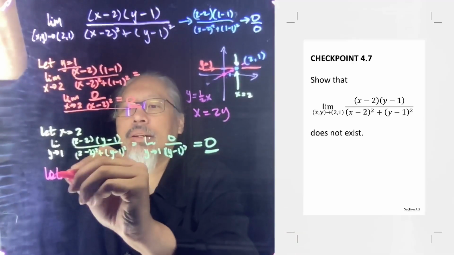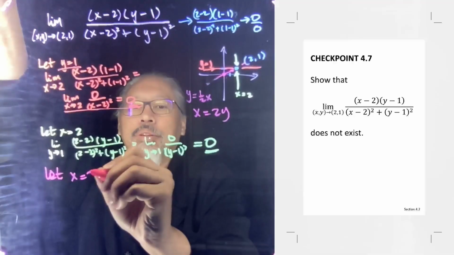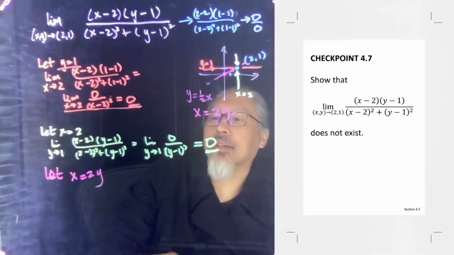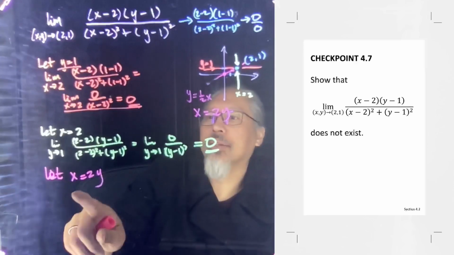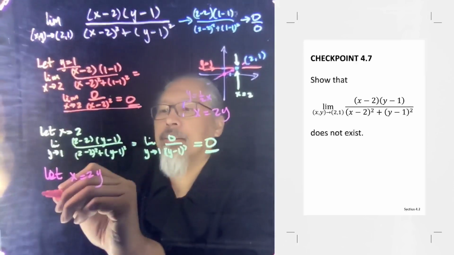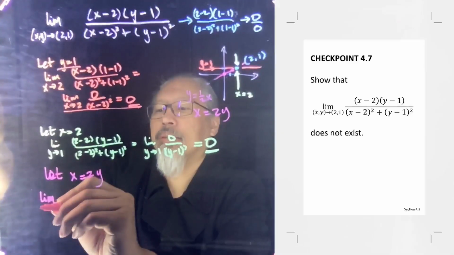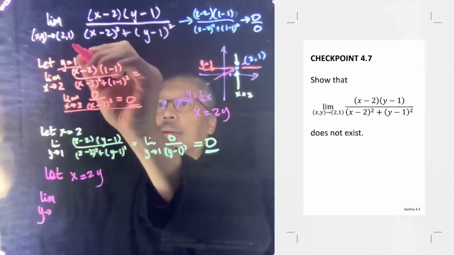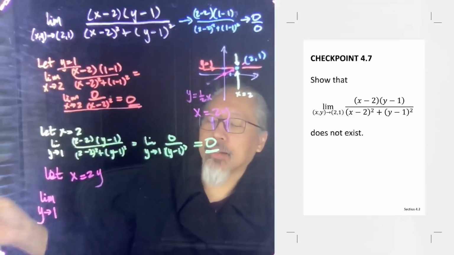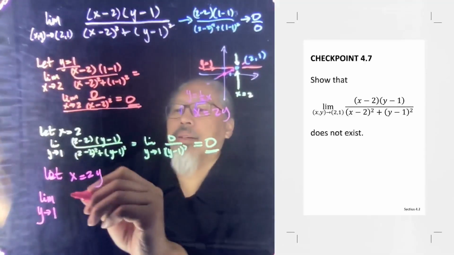We'll let x equal 2y, and what we'll do is we'll replace all the x's with 2y's. That means our limit is only going to be with respect to y. So we have a limit as y approaches, again, y goes to 1, and x is going to get replaced with 2y.